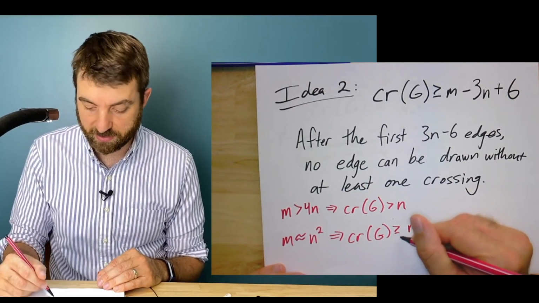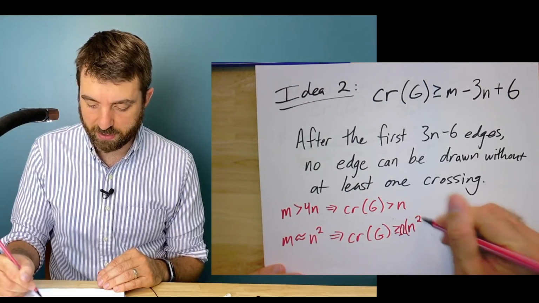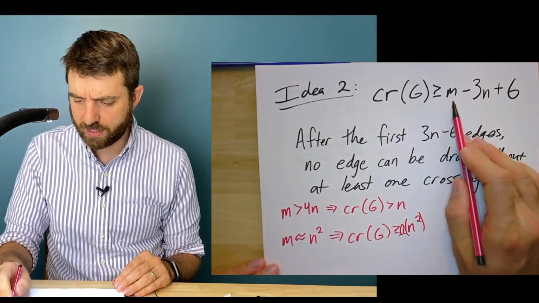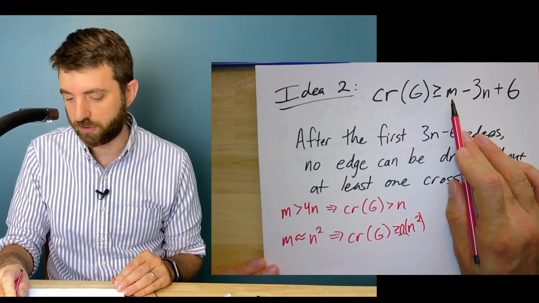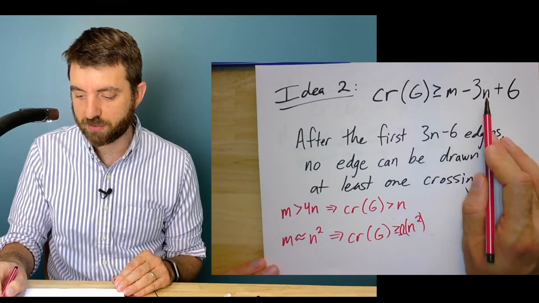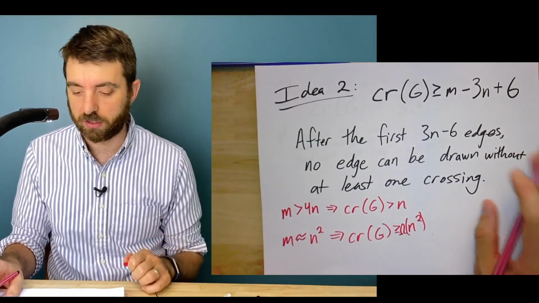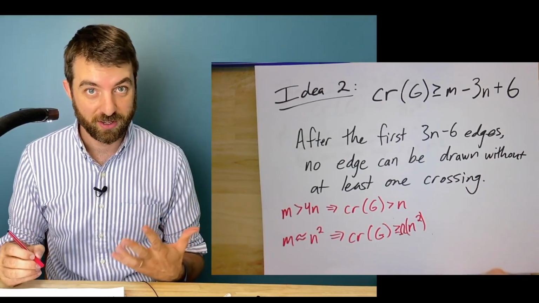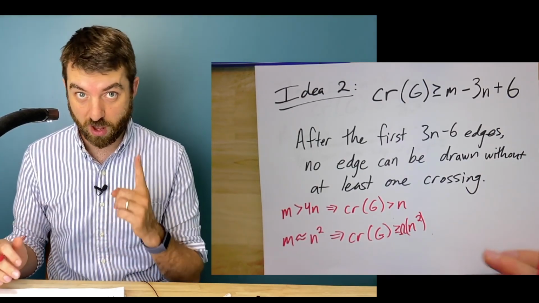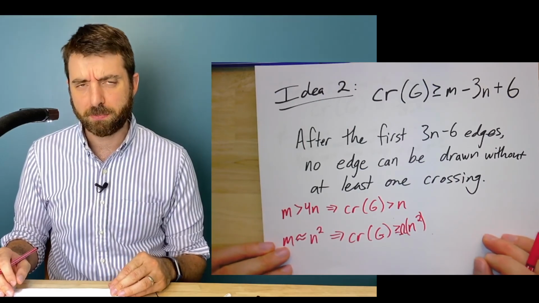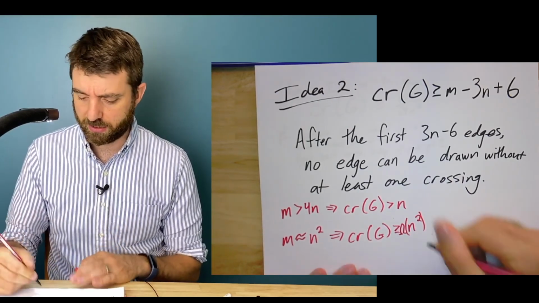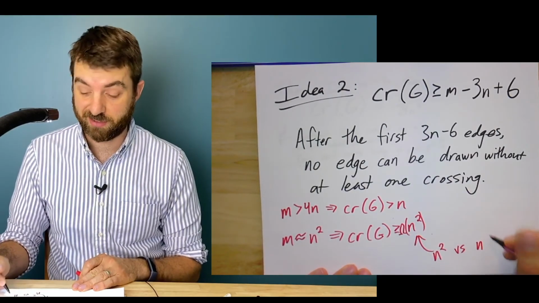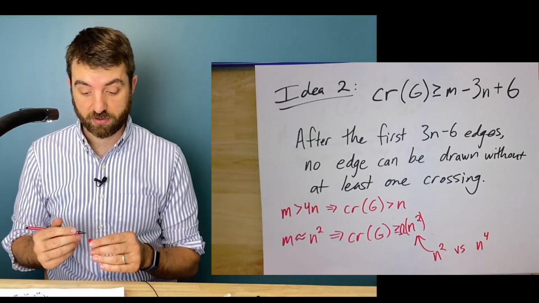Maybe I should put this as omega of n squared, lower bounded, up to some constant. So n squared, or n squared over 2, or even n squared over 3 minus 3n asymptotically looks like n squared. And so I get a quadratic number of crossings, which seems great. It's much stronger than our bound from the last picture, which was just 1. But there's a big difference between n squared versus the upper bound, which is n to the 4th.